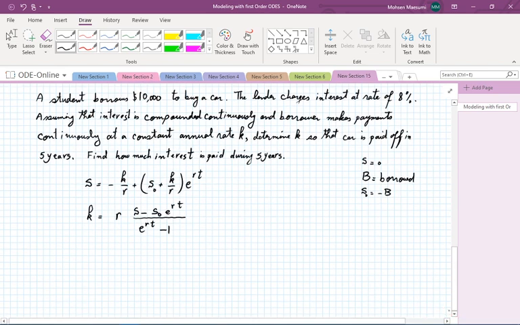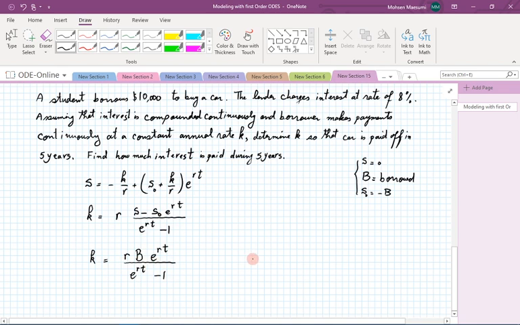Now to make the lettering comfortable for using or remembering, S is going to be 0. S0 is minus the borrowed amount, so K becomes R times minus minus B, that's going to be just B, exponential of RT, and the denominator is just exponential of RT minus 1.